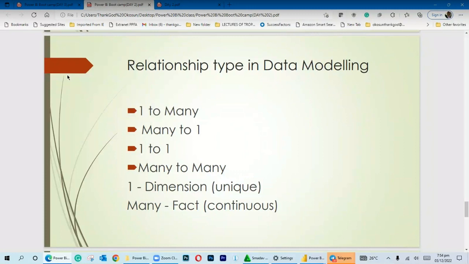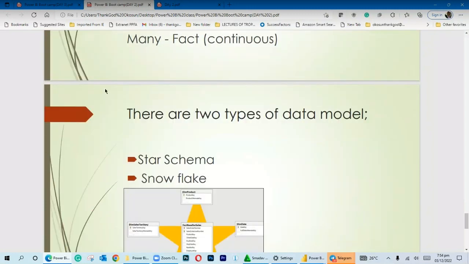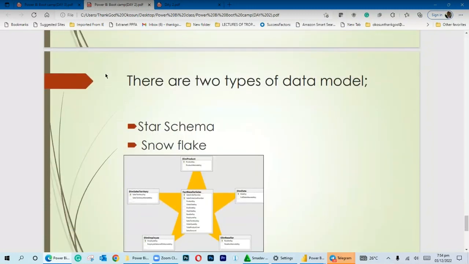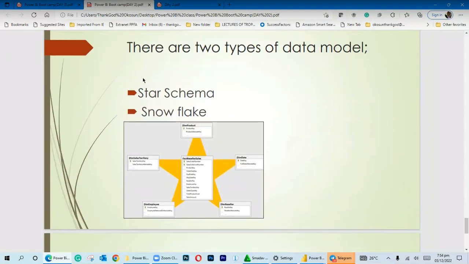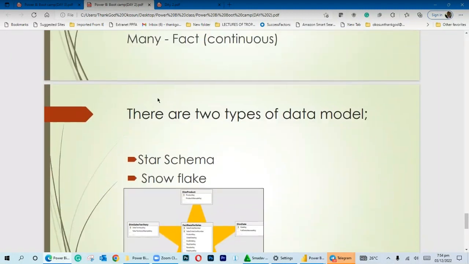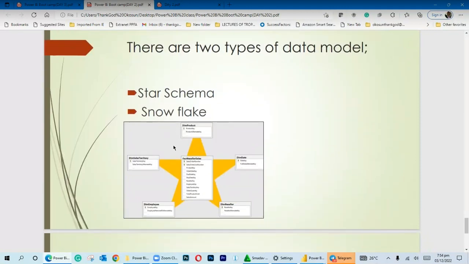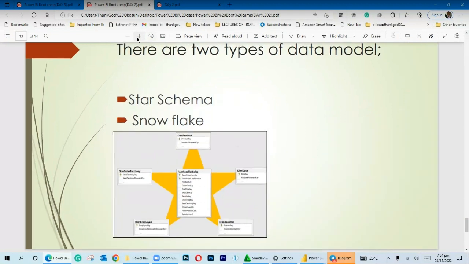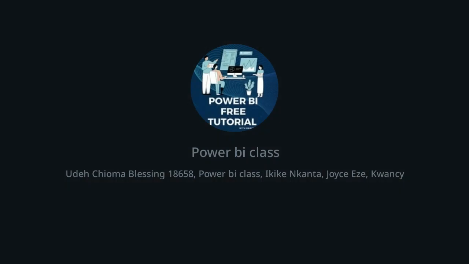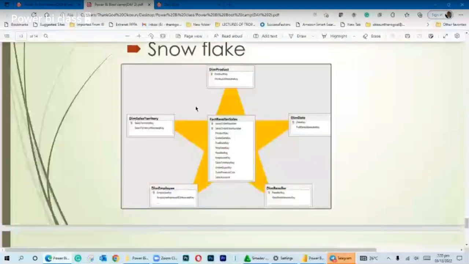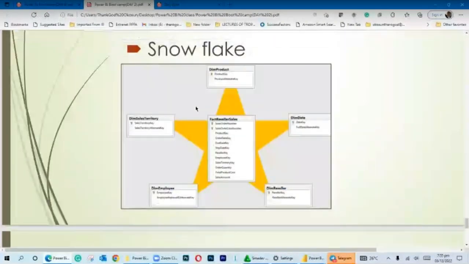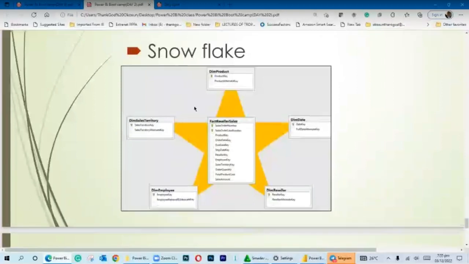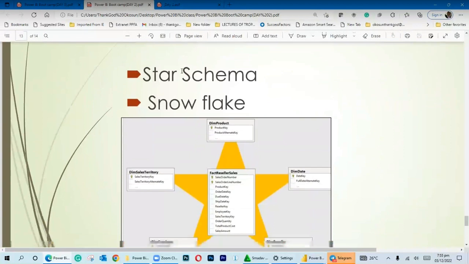There are two types of data models: the star schema and the snowflake. What you can see here is our star schema. It is called a star because they drew a star around it.